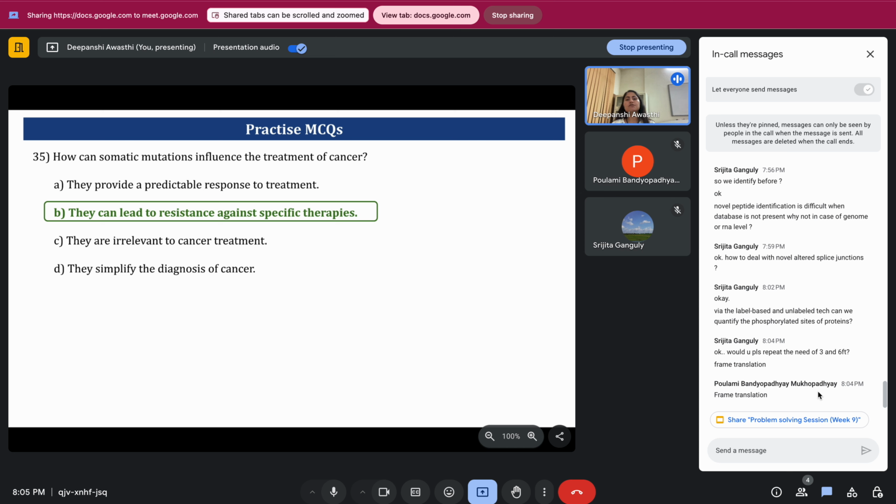In that scenario, 6 frame translation came into play because we know that DNA can be translated in both directions. It can be read from the forward direction and the reverse direction also. Another piece of information was that the genetic code was also devised.